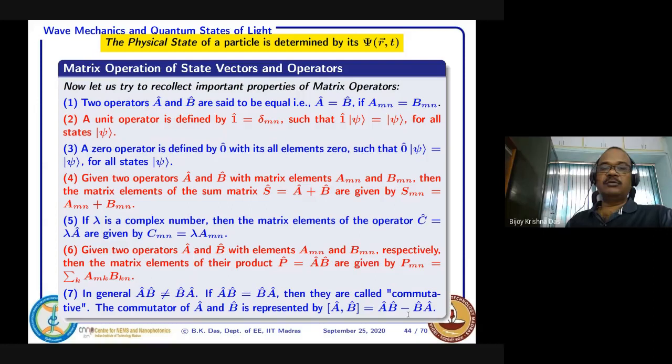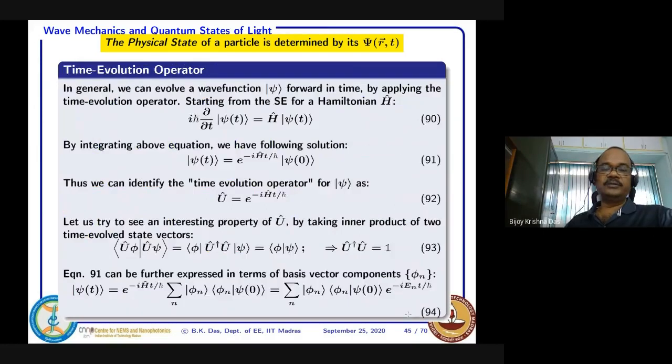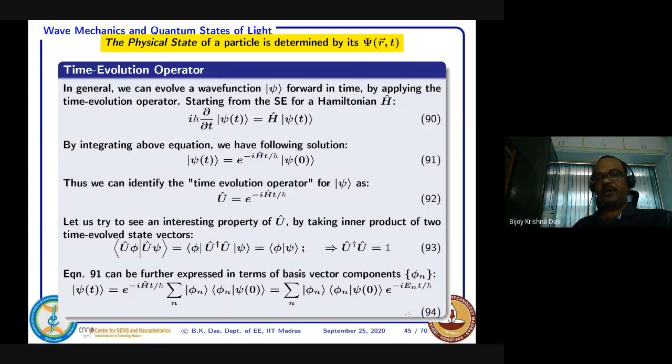And we'll learn today a little bit of different aspects of the operator. So far we were considering that those operators are just operating on a time independent state function.